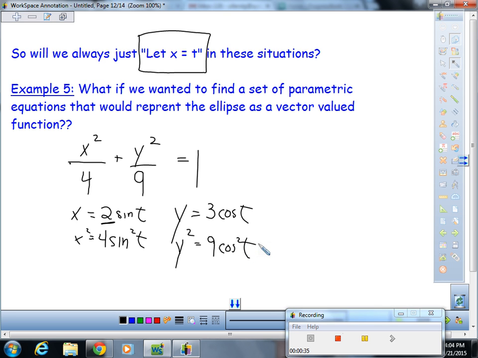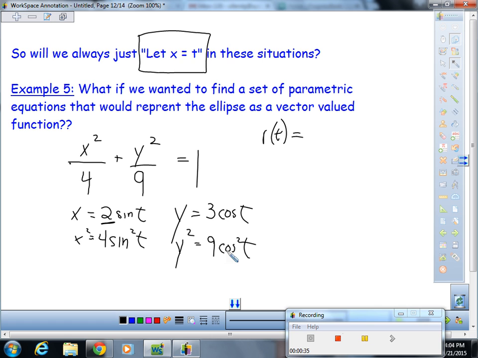And sine squared plus cosine squared indeed does equal 1. So our r of t, and this is not unique. You could have come up with another totally different equation. For example, you could have let x equal cosine of t, which you're probably more used to, and let y equal sine. And it still would give you the exact same curve.